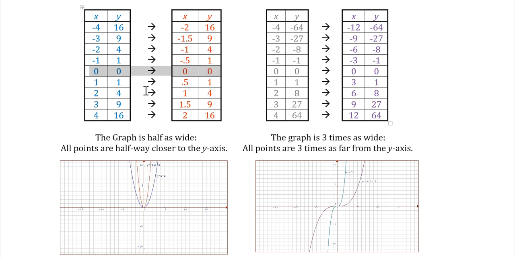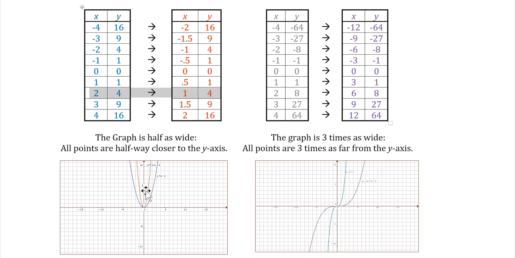For example, if we take the point 2, 4, which is right there on the original, it's brought in to its image, which is right here, the point 1, 4. So 2, 4 is replaced by 1, 4.